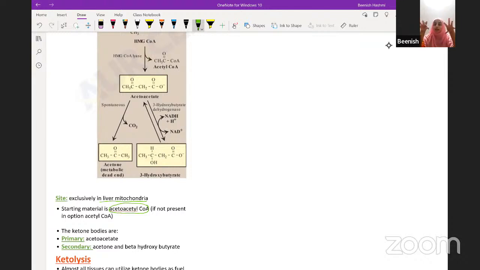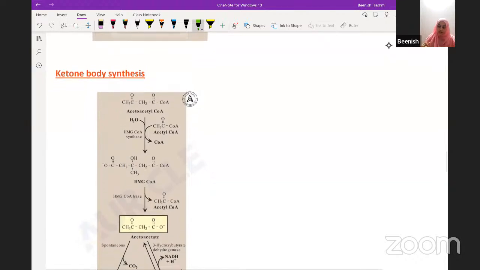So 2 acetyl-CoA condense to form acetoacetyl-CoA, or if the last beta oxidation cycle does not take place, you can directly start your ketone body synthesis from acetoacetyl-CoA. But if there is a question asking what is the starting material of ketone body synthesis and acetoacetyl-CoA is not in the options, then you can mark acetyl-CoA as the answer.